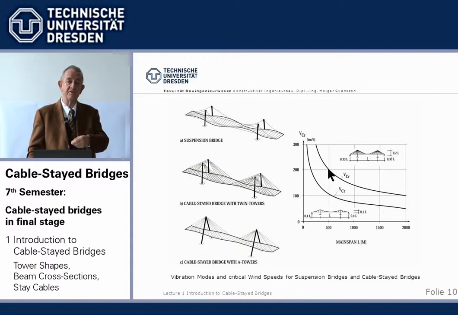That simplified example shows you how the improved stiffness of cable-stayed bridges results in the important higher aerodynamic stability, which for spans from 500 up to 1,000 meters is one of the main problems.